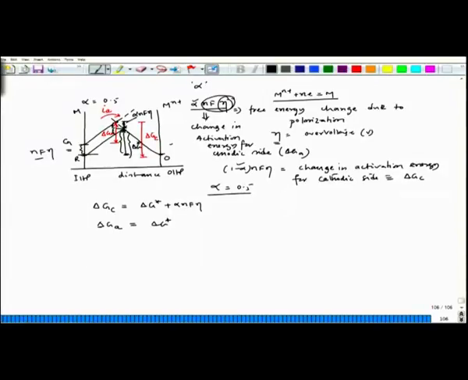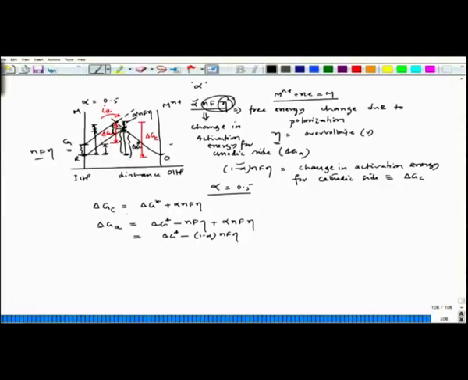So, this amount plus this amount minus this amount. So, ΔG star minus nFη plus αnFη. So, then it becomes ΔG star minus (1 − α)nFη.